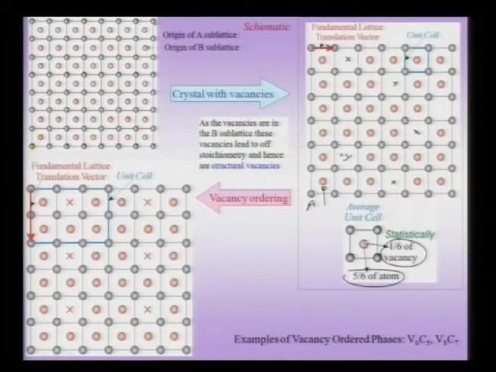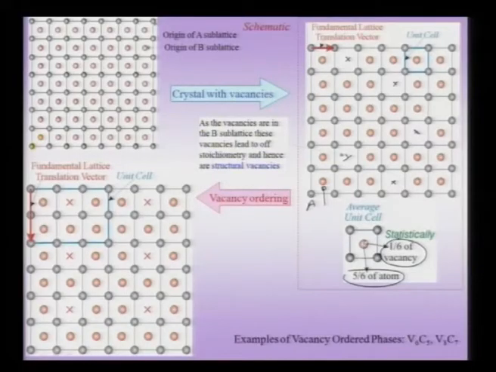So, this is a statistical picture of the occupation of the B sublattice. An important consideration to be kept in mind is that one sublattice is purely occupied by A, the other sublattice is now disordered with respect to the vacancies.